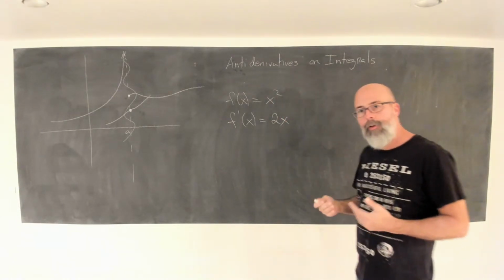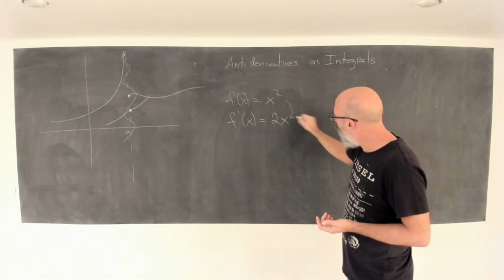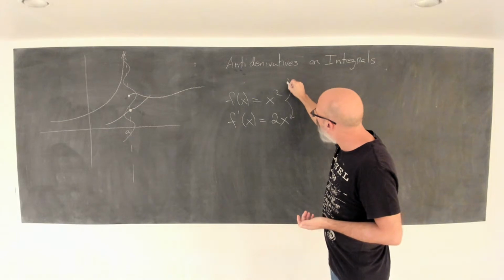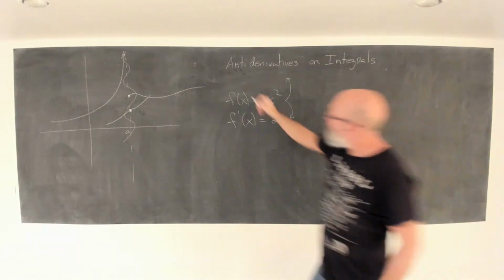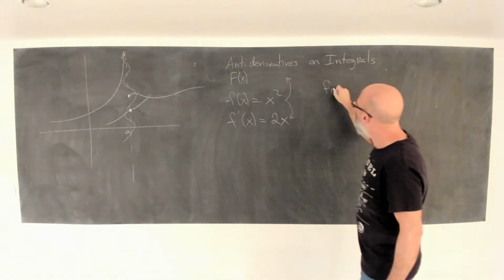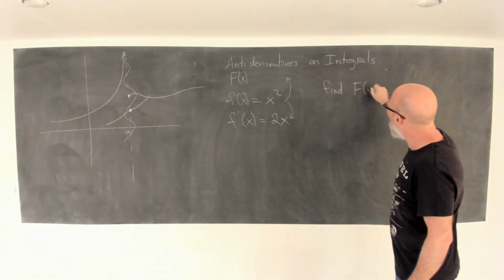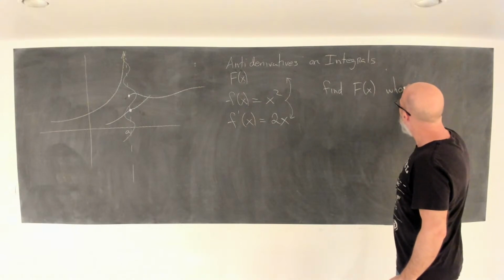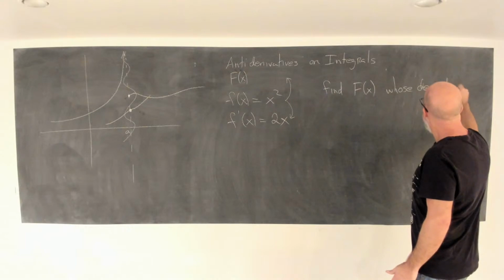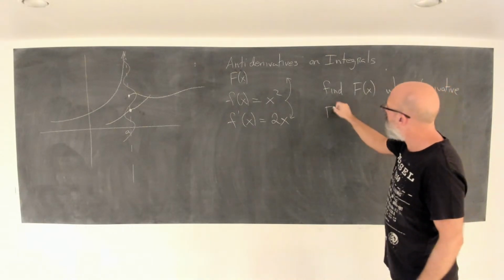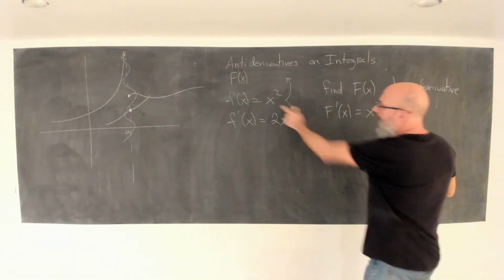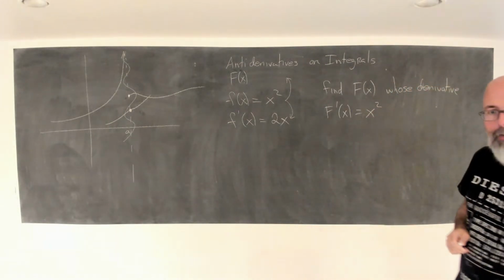In antiderivatives, instead of going forwards and finding the derivative, you kind of want to go backwards and find a function, big F, whose derivative is x squared, the function you started out with.